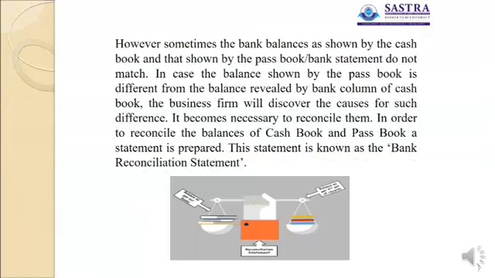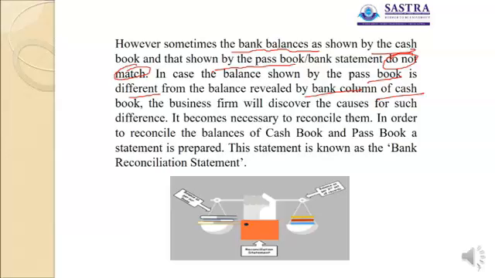However, sometimes the bank balances shown by the cash book and that shown by the passbook do not match. This is the fulcrum of the bank reconciliation statement. In case the balance shown by the passbook is different from the balance revealed by the bank column of the cash book, what else is to be done?